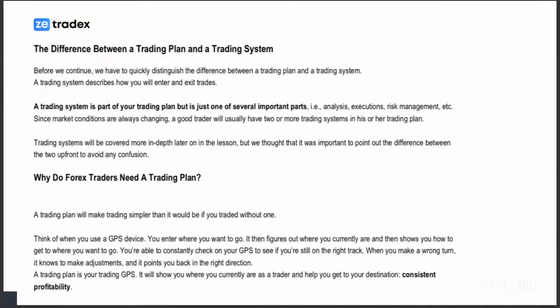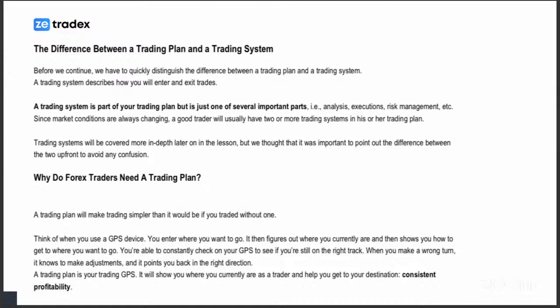Now, the difference between a trading plan and a trading system. Before we move ahead, we just quickly need to distinguish the difference between a trading plan and a trading system, because a trading system describes how you will enter and exit trades.